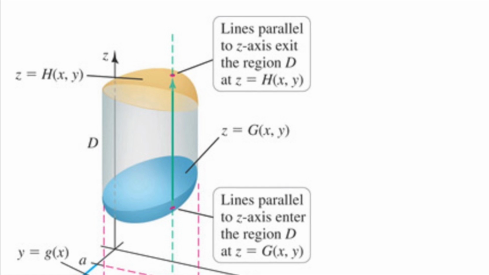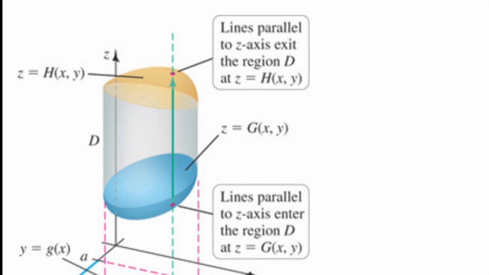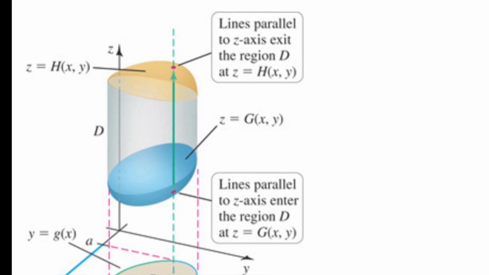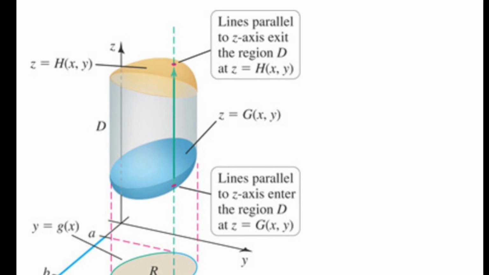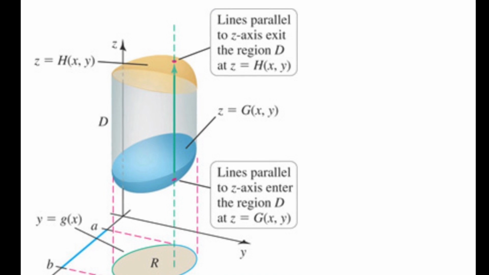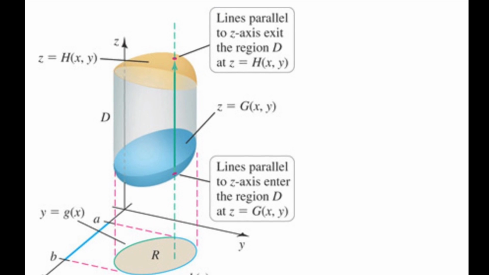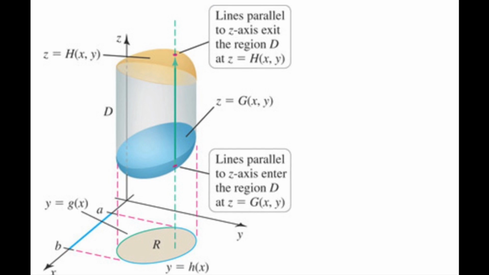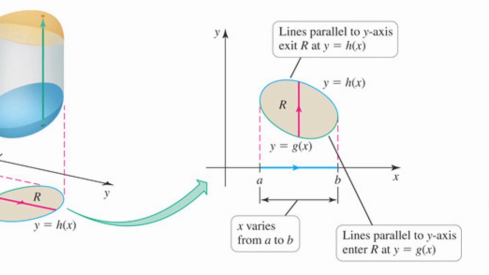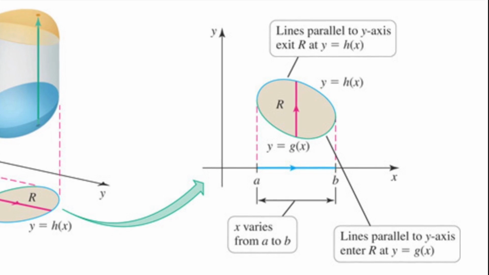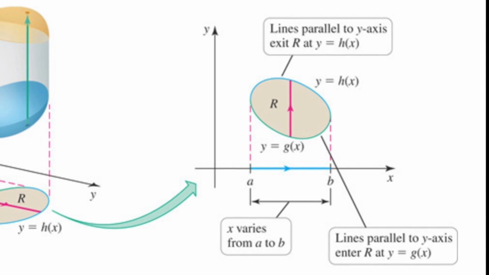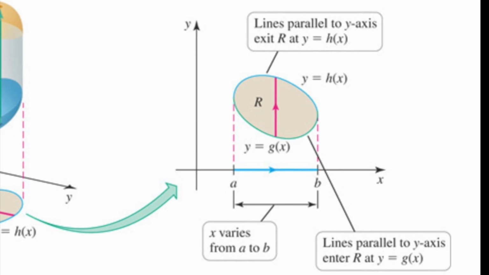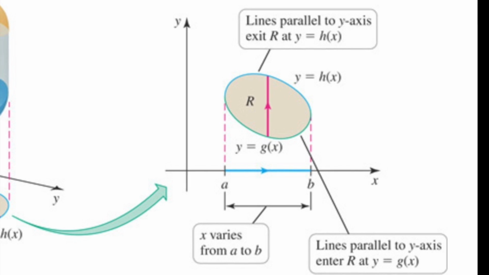Let's consider that we integrate in this order: dz, dy, and then dx. Our inner integral will be with the variable z, obviously, dz, and the integral will be from g of x and y to h of x and y, where h is greater than g. And in the middle, we'll integrate with respect to y, from y equals g of x to y equals h of x, where h of x is greater than g of x.